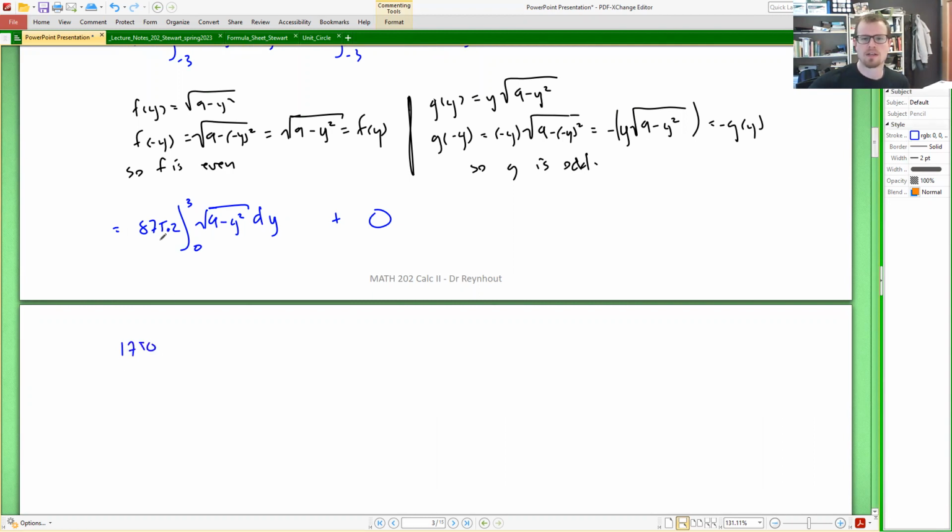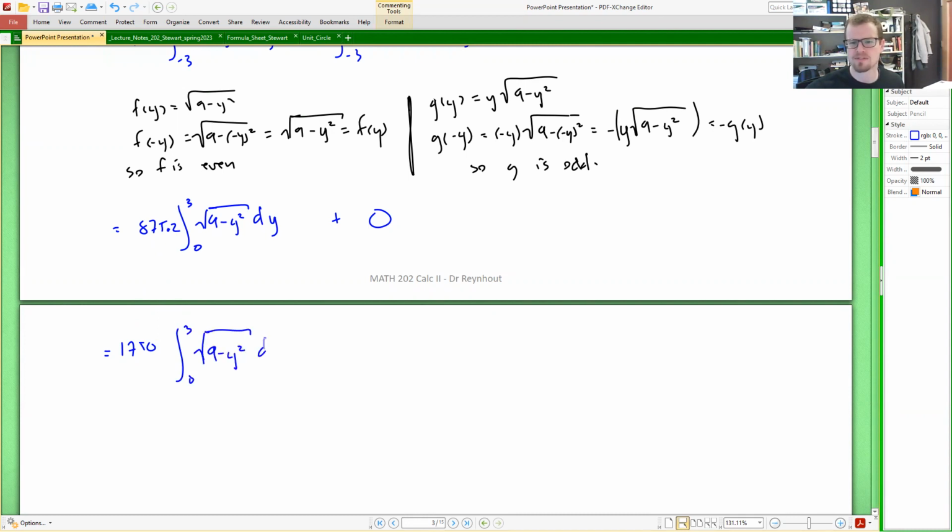And then I actually need to multiply that by, oh yeah, no, that's what I need, 1,750. Excellent. So this is equal to 1,750 times the integral from 0 to 3 of the square root of 9 minus y squared.